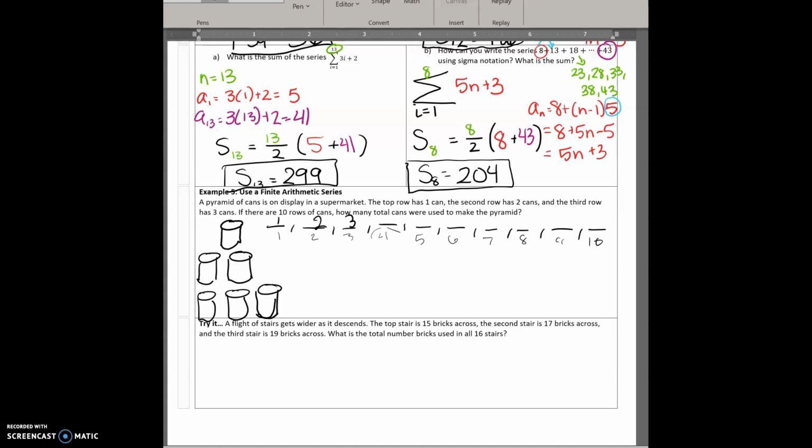And then it says, if there are 10 rows of cans, how many total cans are there in the entire pyramid? So I'm going to erase this to get it out of the way. And so we are going to be using our sum formula.